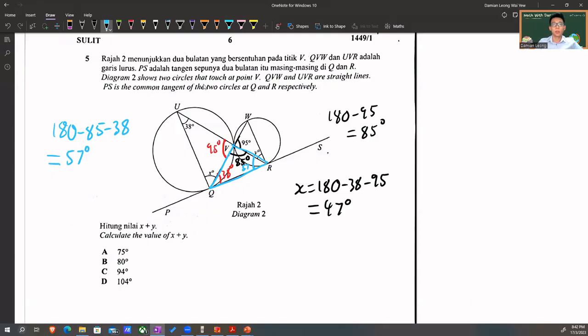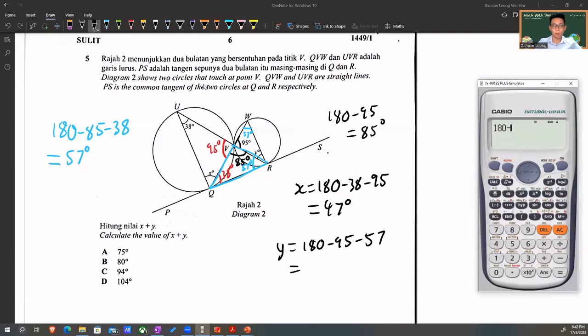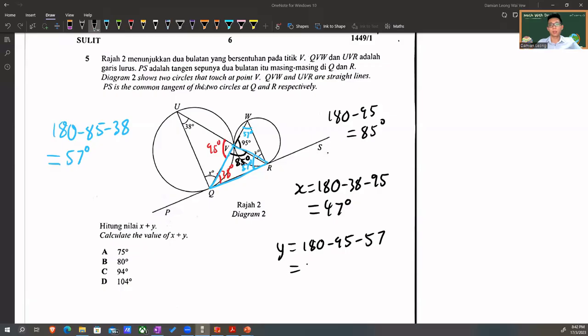So here is 57 degrees, which means by the angle in the alternate segment, here is also 57. So total angle inside a triangle, 180, so y is 180 minus 95 minus 57, which is 28. So x plus y is 47 plus 28, so it's 75 degrees. Answer A.